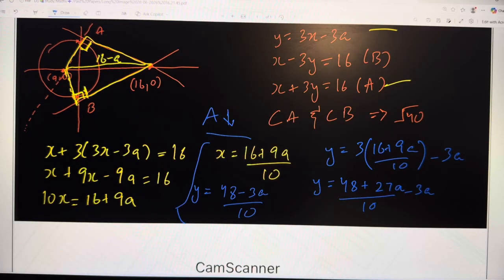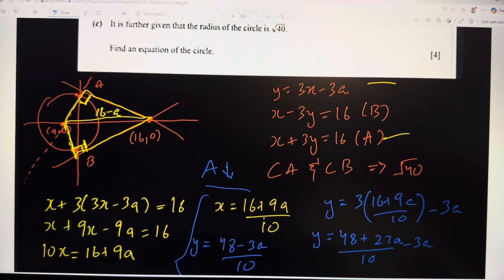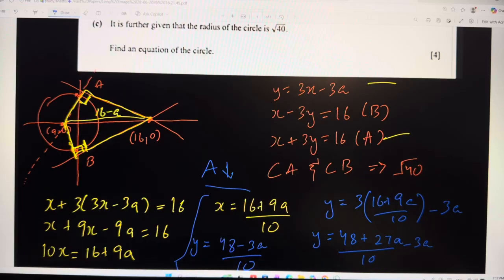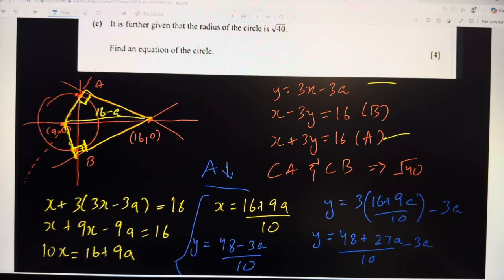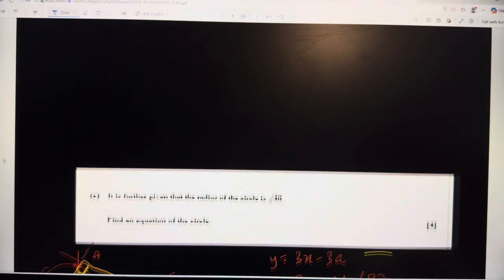Okay, now we want to find the center. Okay, so we can equate theoretical distances with actual distance. Okay, so we know that this is the coordinate of A, (16 plus 9a) upon 10, wait, let me write this up here.